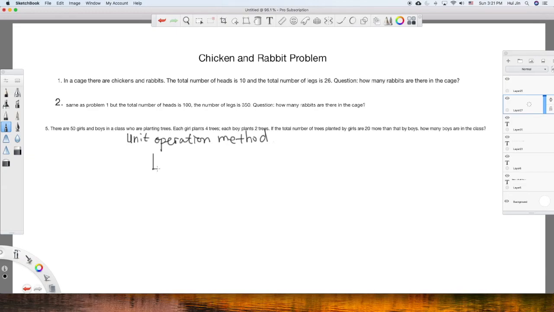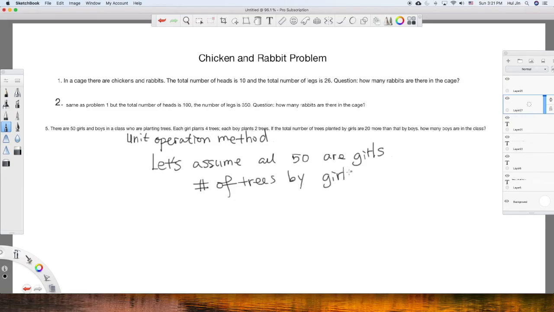Let's assume all 50 are girls. So then the total number of trees planted by girls will be equal to 100.